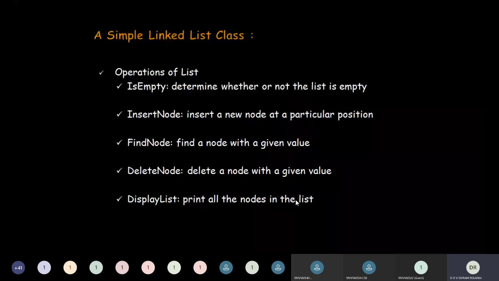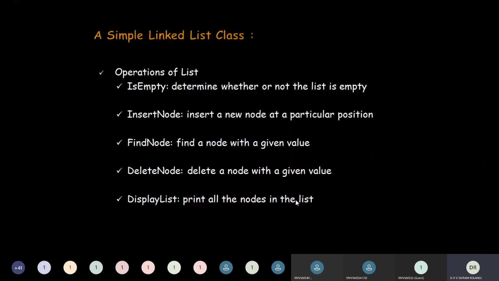Find node. Find node is something like when you're asked to find a particular node, say where is A1 or where is A5. If you recall the previous list A1 to A5, A5 happens to be the last node in the list.